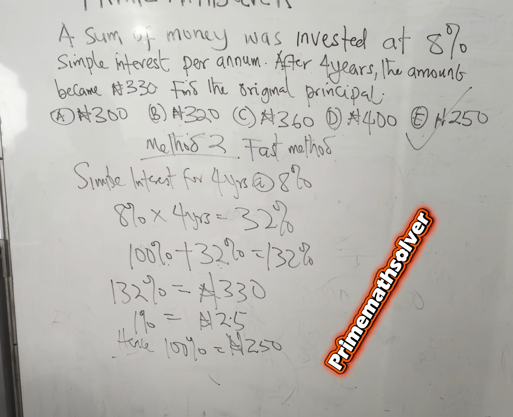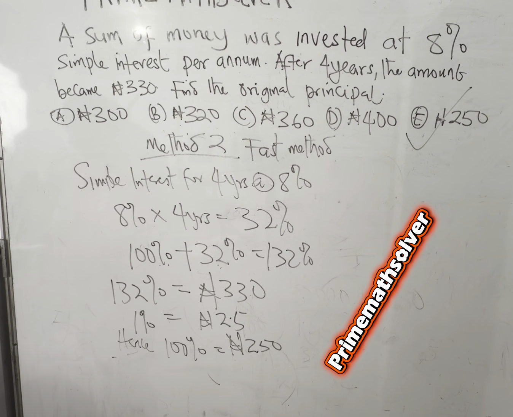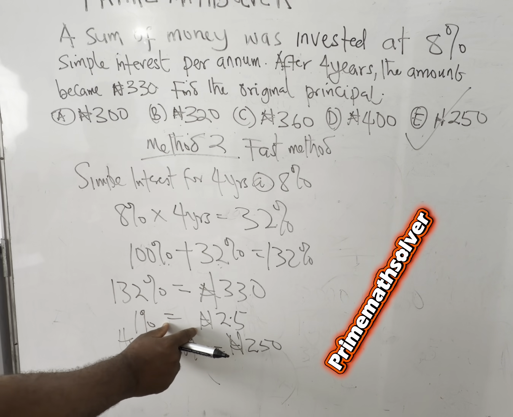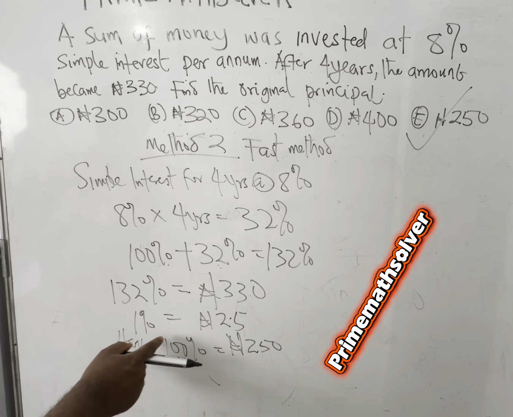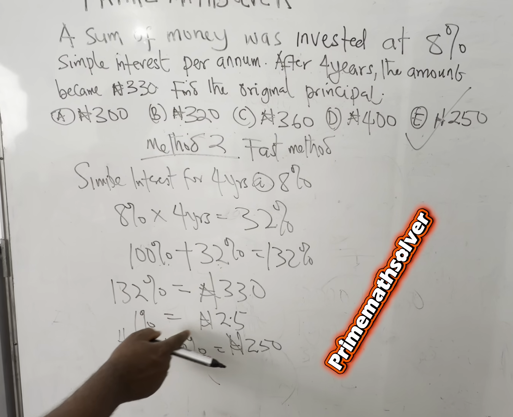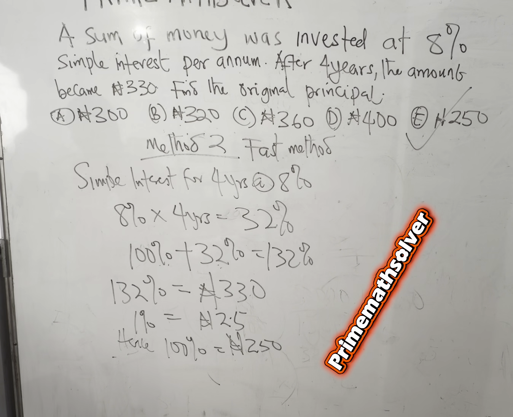Second, you divide the amount by the total percent. The third thing to do is to multiply by 100 or use the 1% method as I have stated here. If 132% will give you this, then we look for what 1% will give us. If 1% gives us 2.5, then we know that 100% will give us this. Now, this method is quick, accurate, and perfect for JAMB.